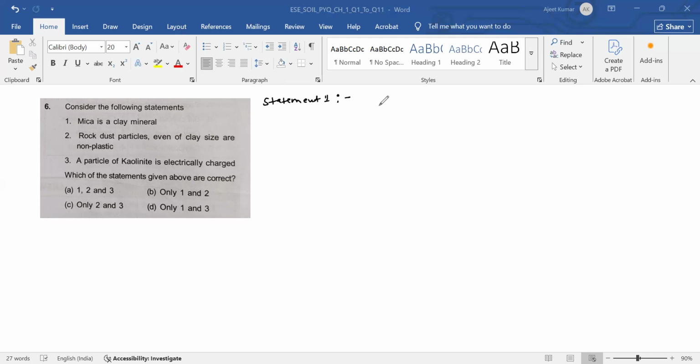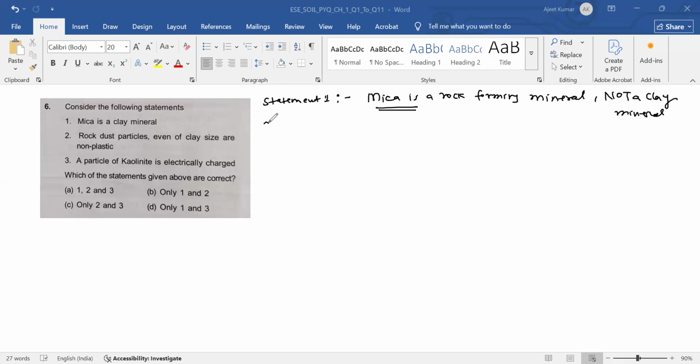Mica is a rock forming mineral, not a clay mineral. Clay minerals are illite, montmorillonite, kaolinite. These are clay minerals, but mica is not a clay mineral. This is a rock mineral. So this statement is incorrect.